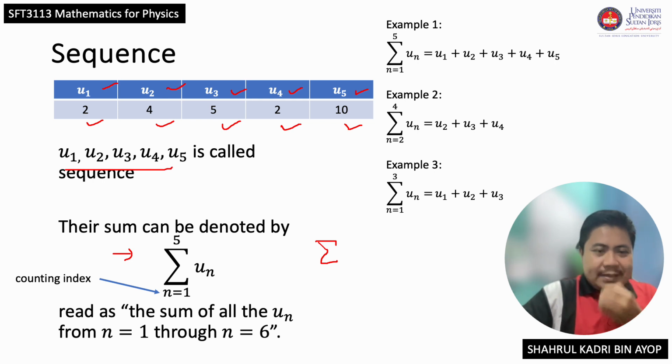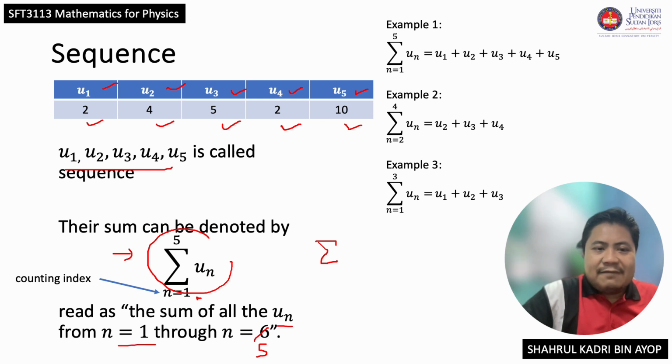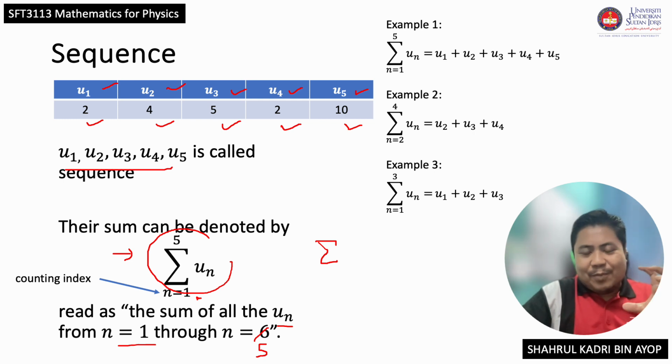We can note the summation of all terms as the sum of all Un from n=1 through n=5. This is the short form of the summation of all terms.